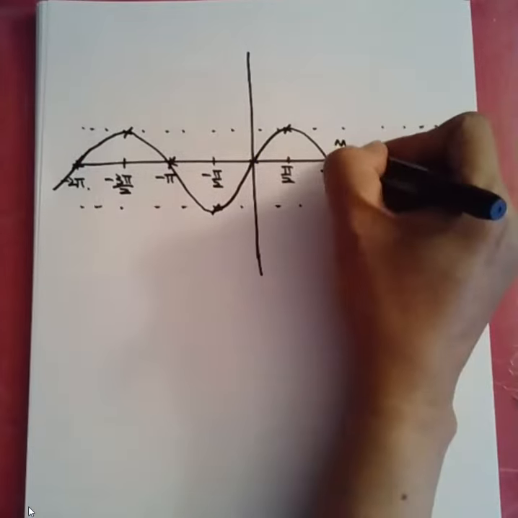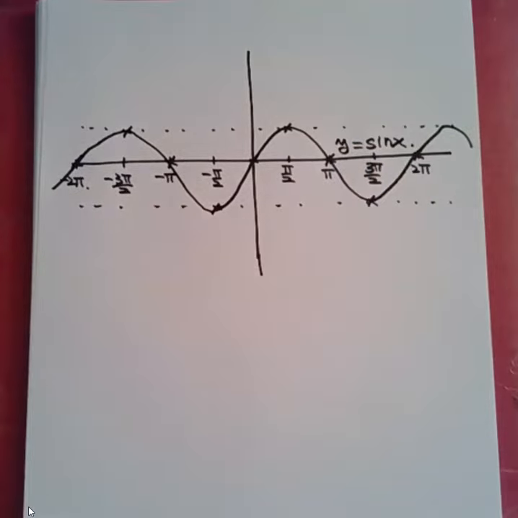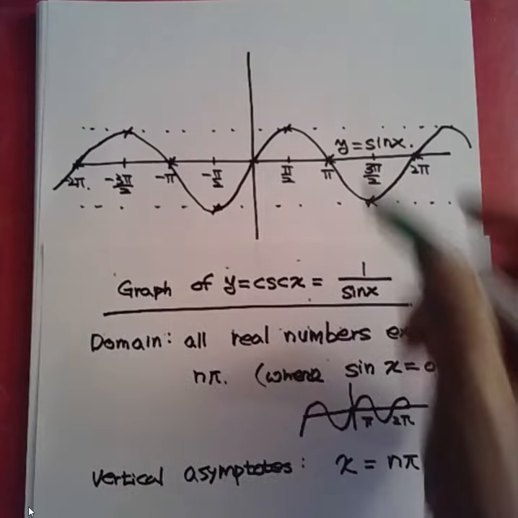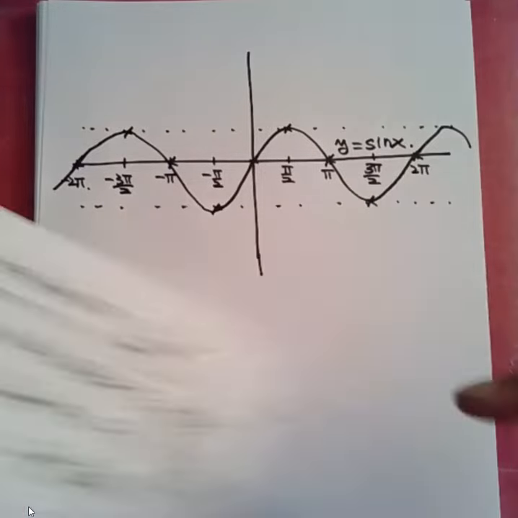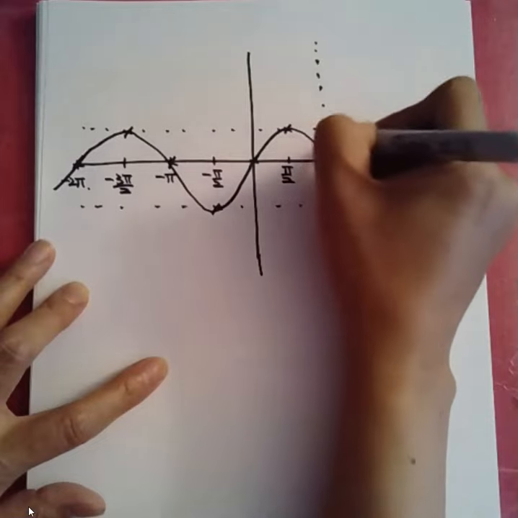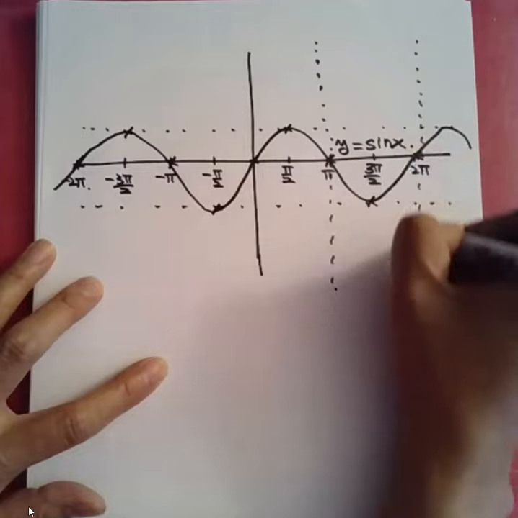This is y equals sine of x. Now we are identifying the vertical asymptote where sine value is 0. Those are pi, 2 pi, 3 pi, and so on.